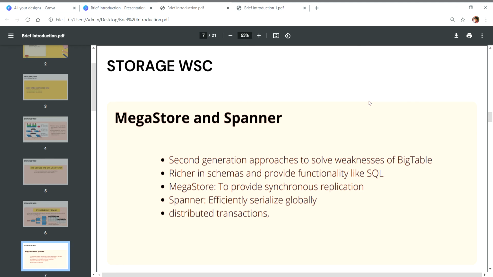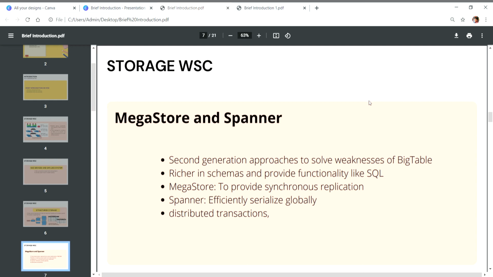Megastore and Spanner provide richer schemas and SQL-like functionality while providing a simpler and stronger consistency model, which is what developers need to overcome the weaknesses of Bigtable.